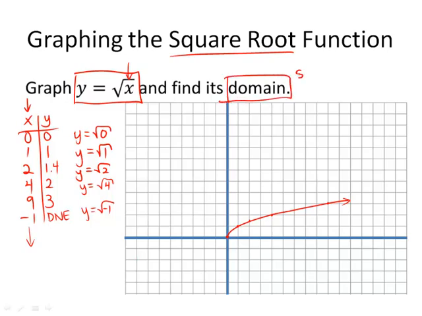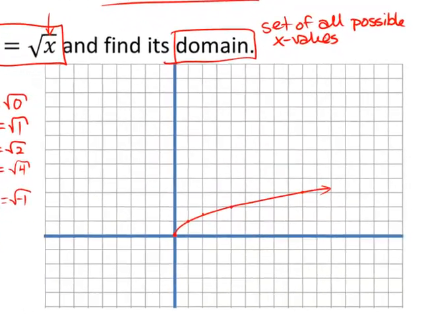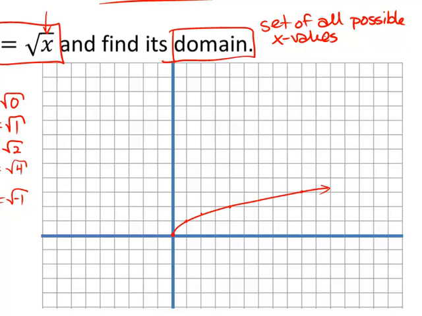The domain is the set of all possible x values. So what is it here? Here, everything 0 and upwards will be possible and no negatives will be possible. So you can express your domain as x is greater than or equal to 0.